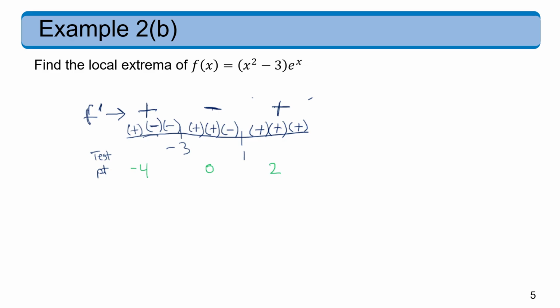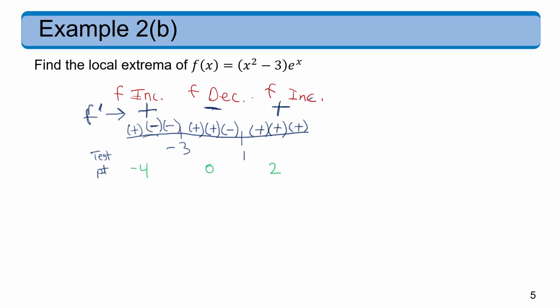We put our critical numbers as marked on the number line, and then we chose a test point in each subinterval, and then we plugged each test point into f prime to determine if f prime is positive or negative. So what we concluded last time, wherever we had a plus, that meant that f was increasing. And wherever we had a minus for f prime, that means that f is decreasing.